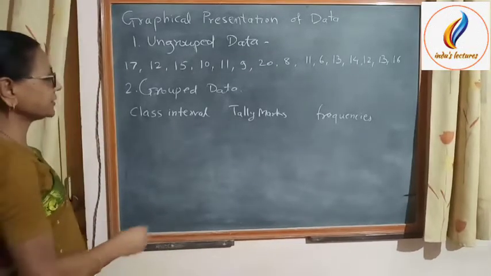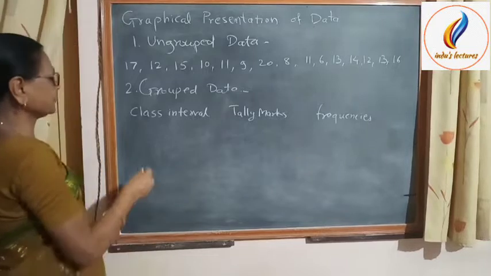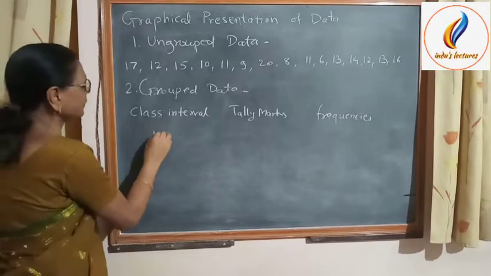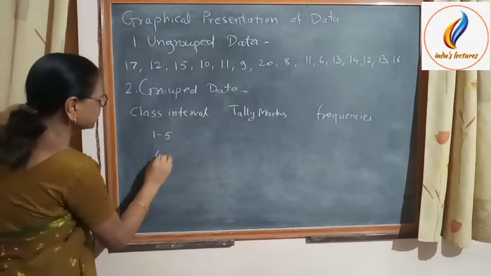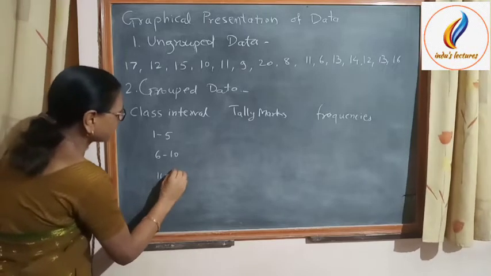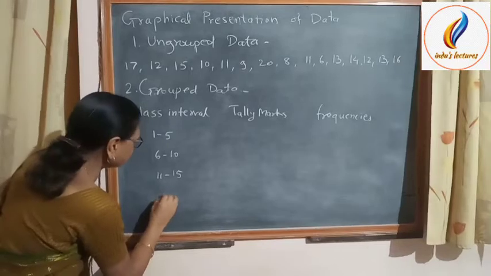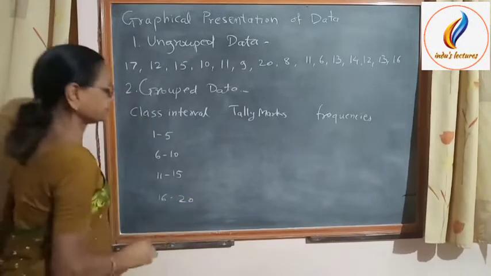So, we can consider the class intervals as 1 to 5, then 6 to 10, then 11 to 15, and 16 to 20.